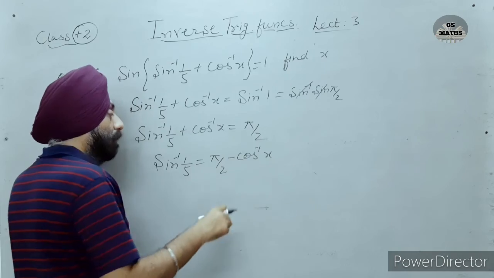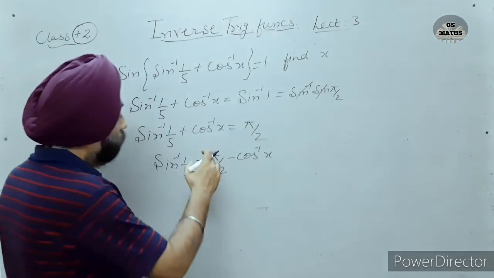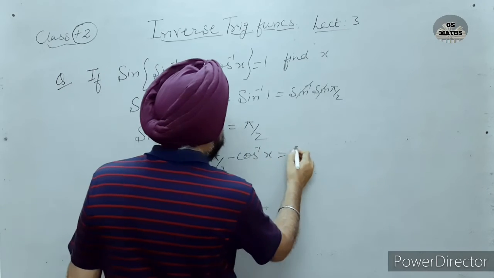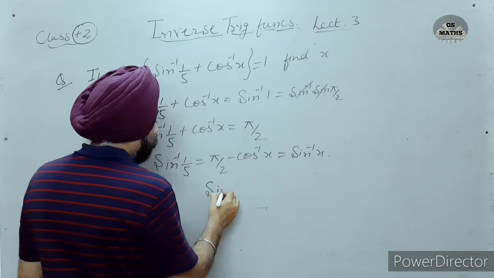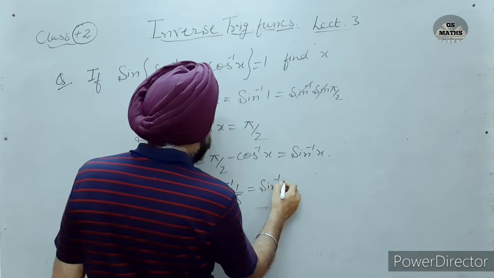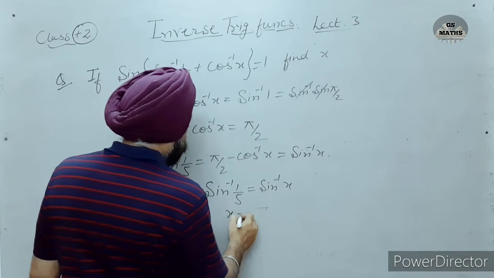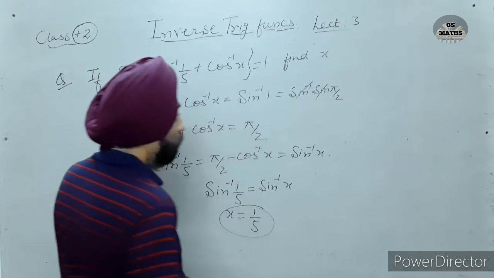Now again use the property sine inverse x plus cos inverse x equals pi by 2, or pi by 2 minus cos inverse x is sine inverse x. So I get sine inverse 1 by 5 is sine inverse x, or x equals 1 upon 5.